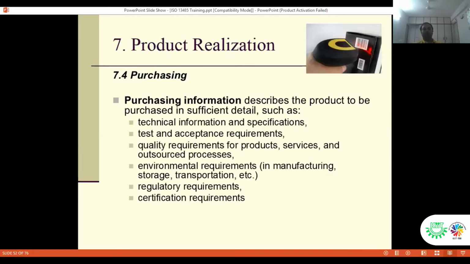Whenever you are doing any purchasing, you prepare a proforma invoice and send it to your supplier. Along with that proforma invoice, you have to provide them the entire specification of your raw material, which is prior approved by your top management or the management representative. That specification sheet you have to send with each and every purchase order to your supplier.